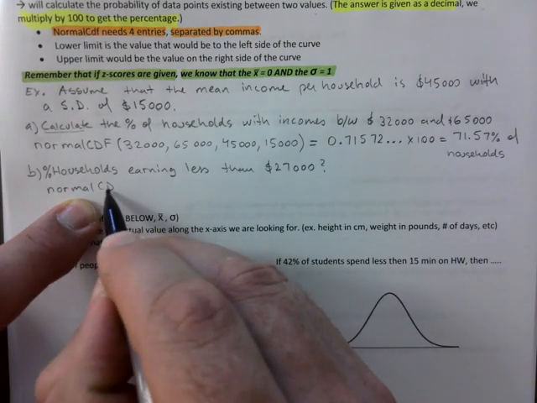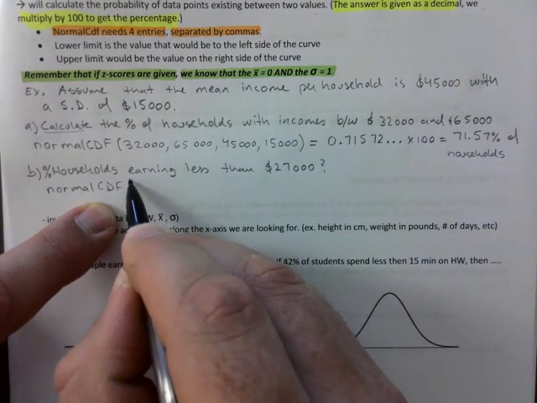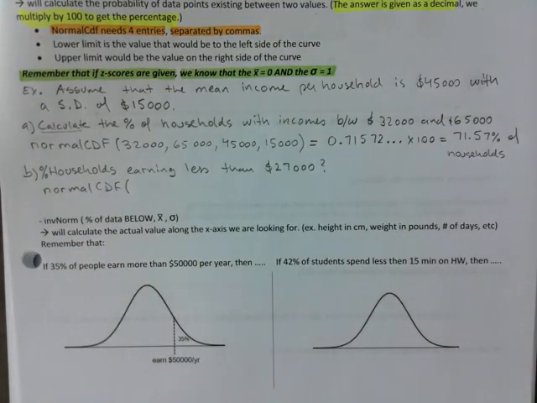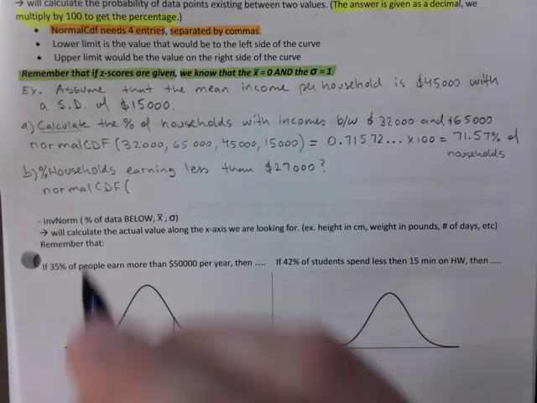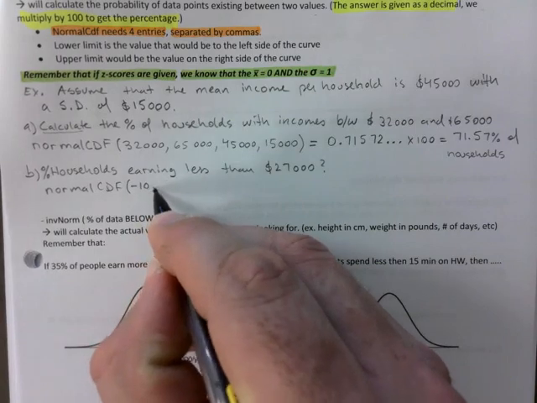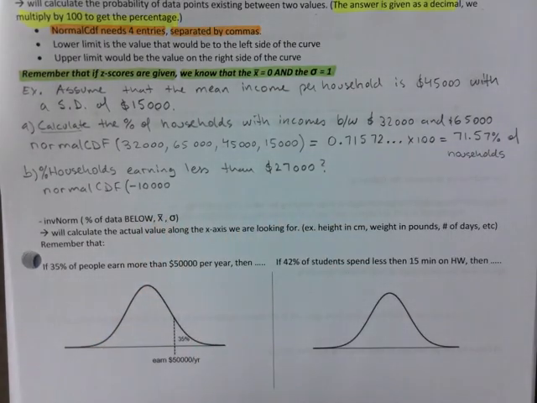So normalcdf. How do you deal with this? A lower limit. What would you put on the low end? A really small number. That's the answer. A really small number. So watch what I'm going to do. I'm going to go negative 10,000. Isn't that overkill? Yeah, you can go negative 1 million if you want.